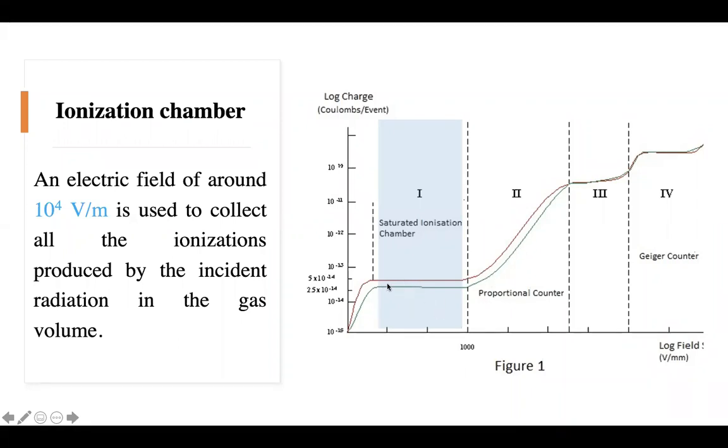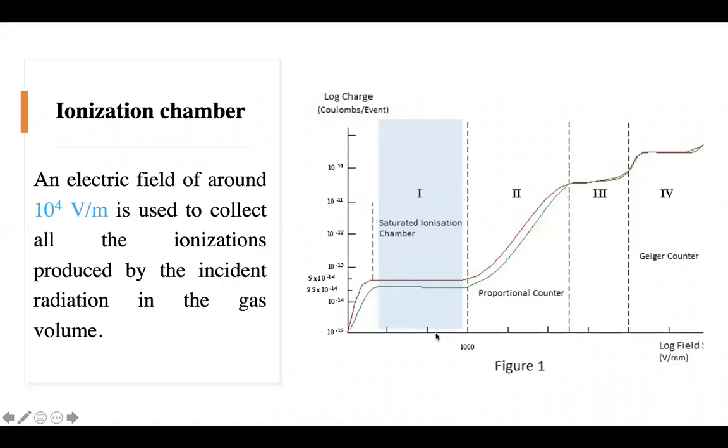So in this ionization chamber, every ion pair produced by ionizing radiation will be collected, and it will be independent of the applied voltage in this area. This is clear from this plateau.